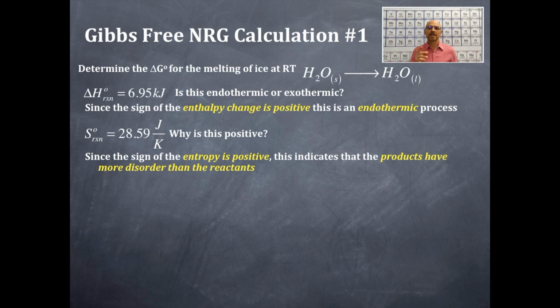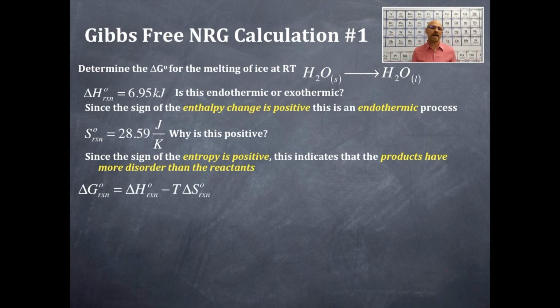Remember, when the enthalpy and entropy terms are opposite in sign, then we can know for sure what the sign is for Gibbs free energy. But here we have two effects going in opposite directions, so we need to plug these into the equation to figure out the overall sign of this reaction.